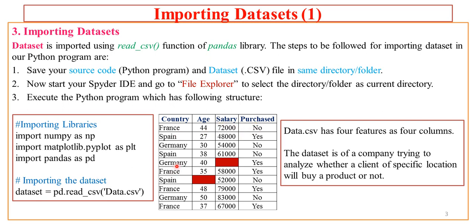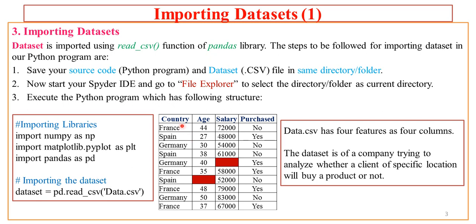Now what this data set is, is data of a company having certain products, and it maintains data of the clients buying or purchasing some item of the company.